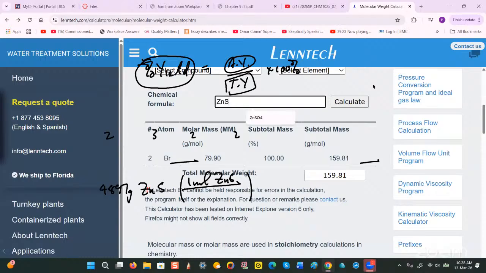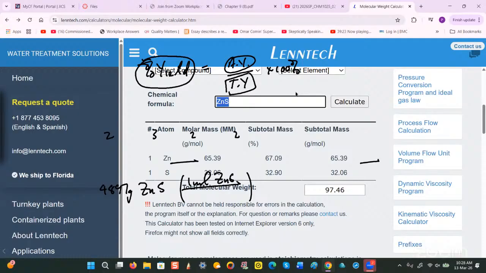ZnS. So 97.46 grams of zinc sulfide would go down there. And then what do we do next? Let me go back to the assignment.